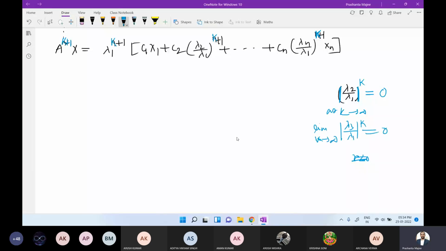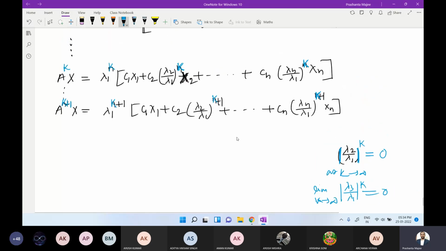In general, limit k tends to infinity, lambda i by lambda 1 power k will be 0 for all i from 2, 3, 4 up to n. So for large n, what will be happening to these terms? They are all going to be 0.